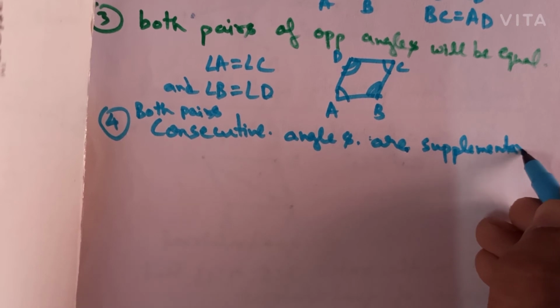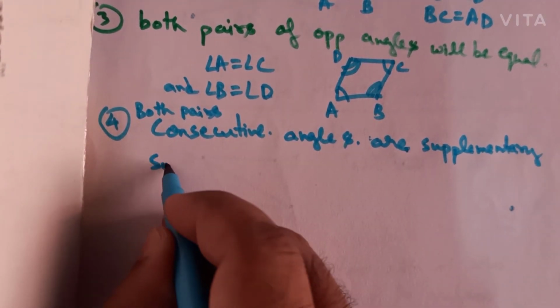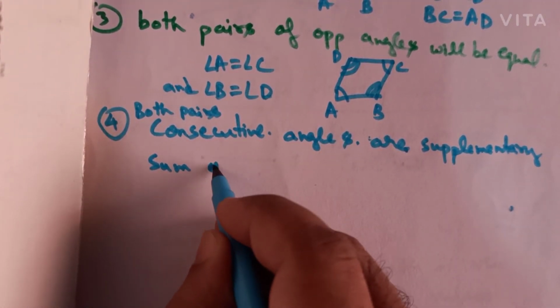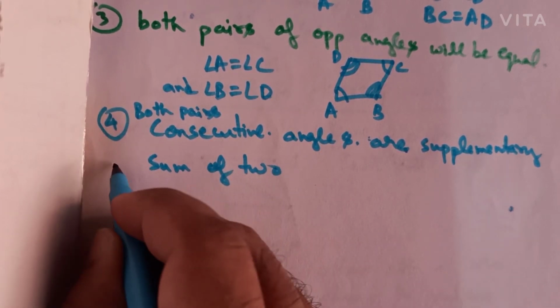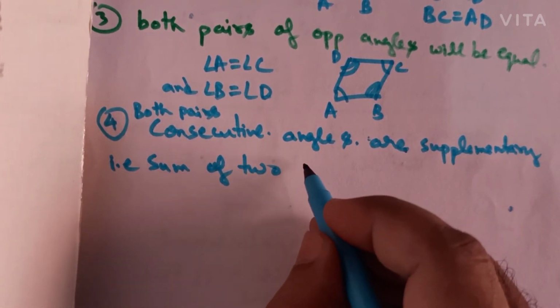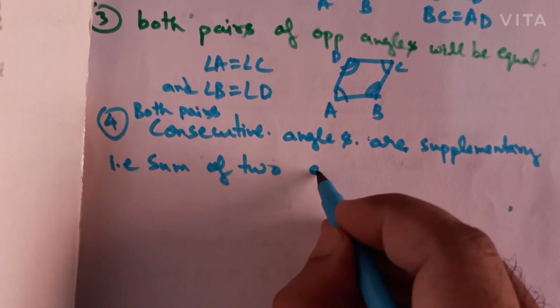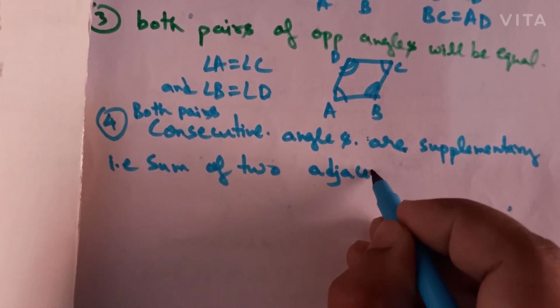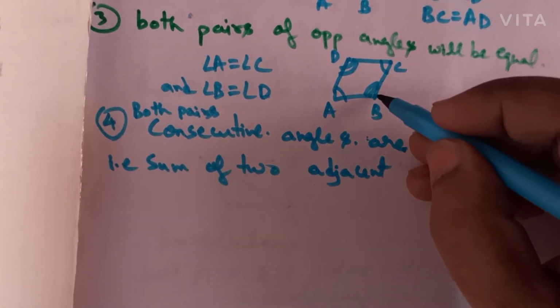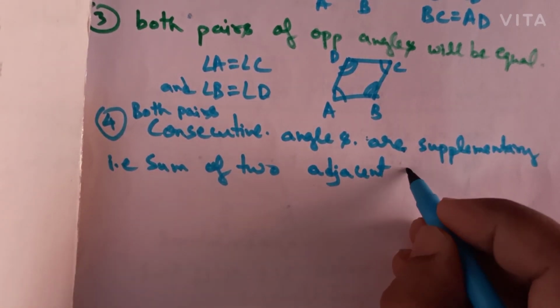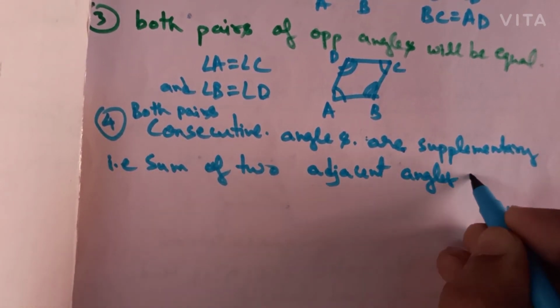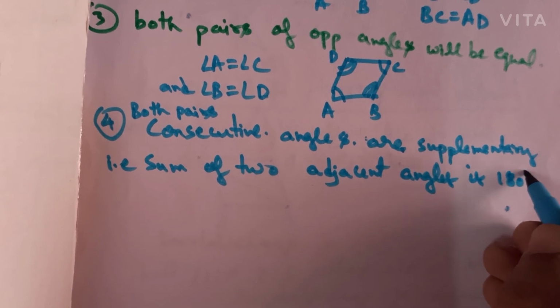Supplementary means sum of any two adjacent angles, adjacent like angle B and angle C are adjacent angles, is 180 degrees.